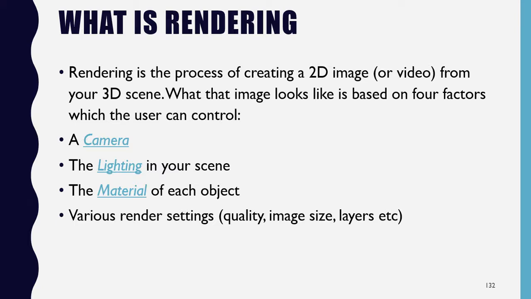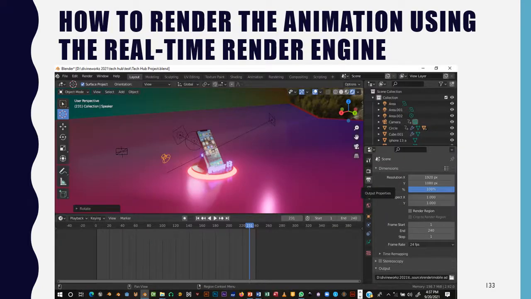What that image looks like is based on four factors which users can control: the camera, so where your camera is viewing the objects in the scene; the light you have put in the scene; the kind of materials you have; and other various settings like the quality of the rendering and some other qualities to optimize the entire look. But the whole idea is that you want to turn this 3D scene into a picture or a video. All right.